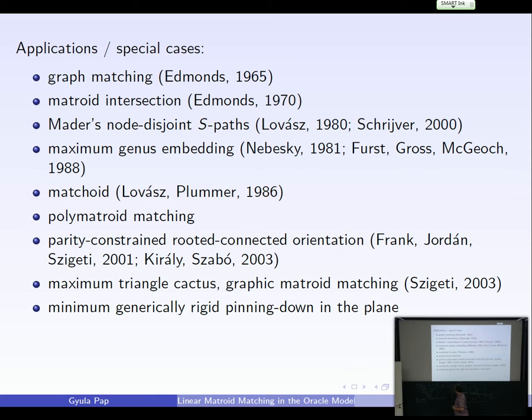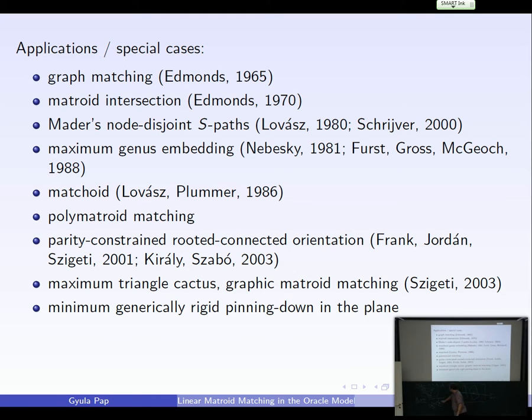That's the input, and the goal is to find something that in many ways is like a spanning tree. So it is supposed to look like this: there is no cycle, and somehow these triangles are connected with only one node.